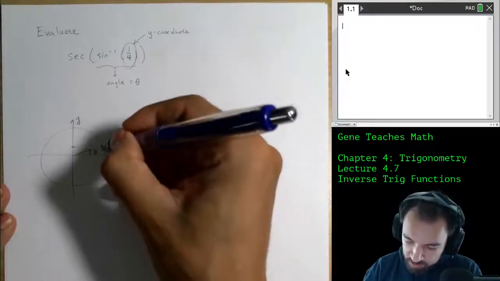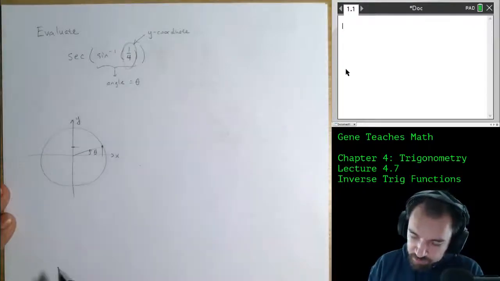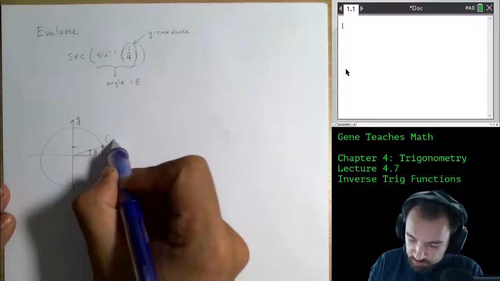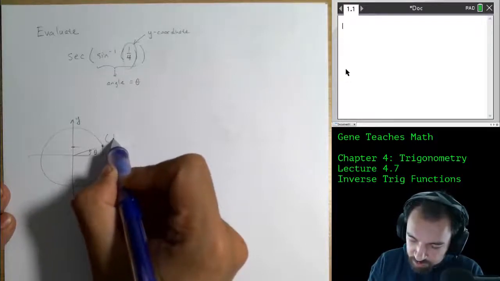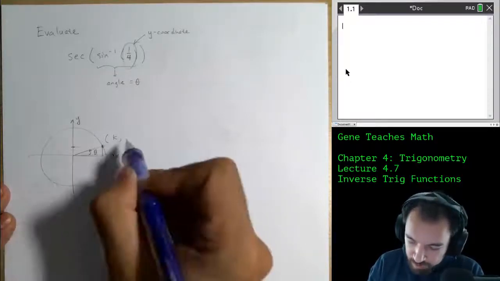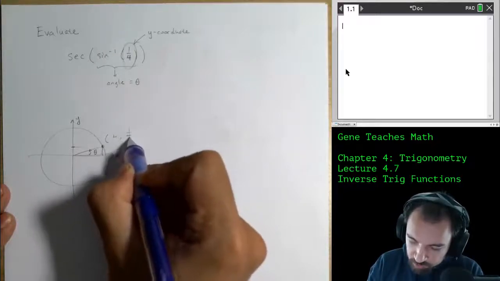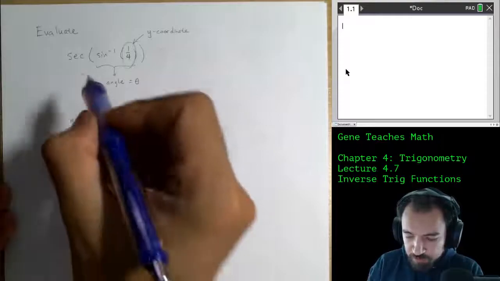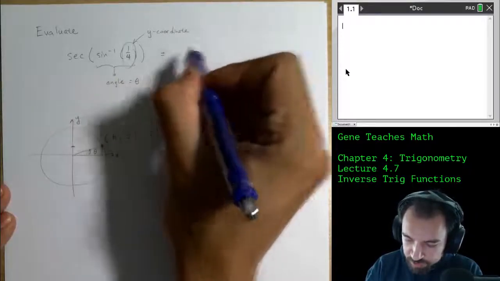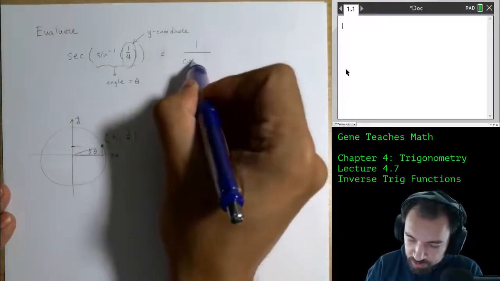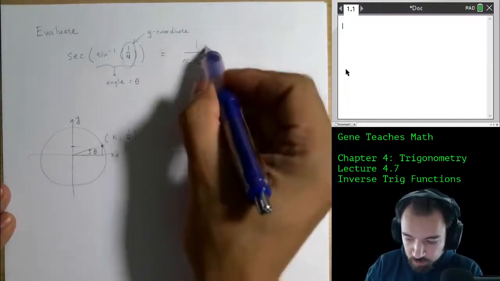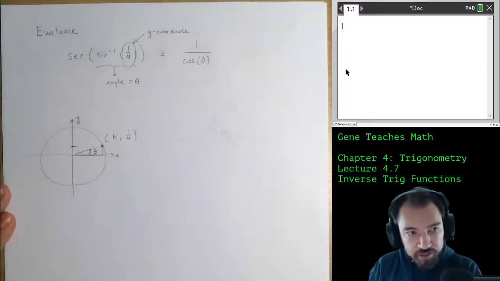So what I'm supposed to do is take this and say this is a value which I don't know. Why don't I call this k for the time being? And the y-coordinate is 1/4. I can write this as 1 over cosine of the angle theta, which in our context is going to be 1 over k. So I need to find k.